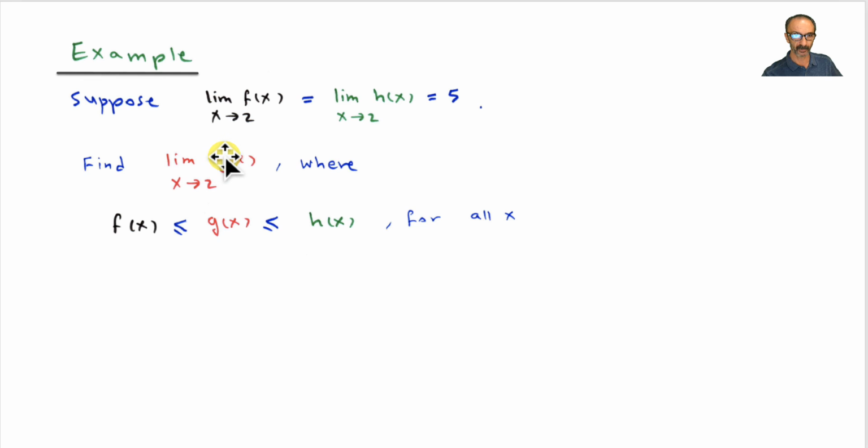Find the limit of g of x as x approaches the same a, given that g of x, when x is getting close to 2, always lives between f of x and h of x. So what do you think the limit is? Do you think it's going to be 5 or something else? It has to be 5. Okay. Let's move on.